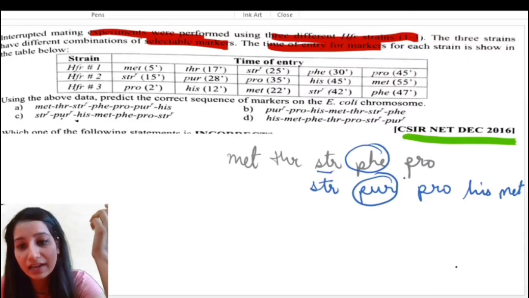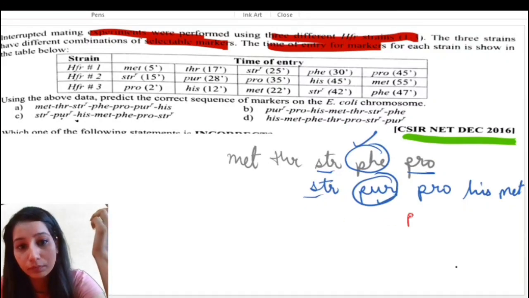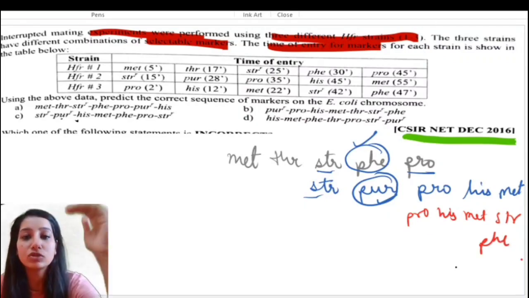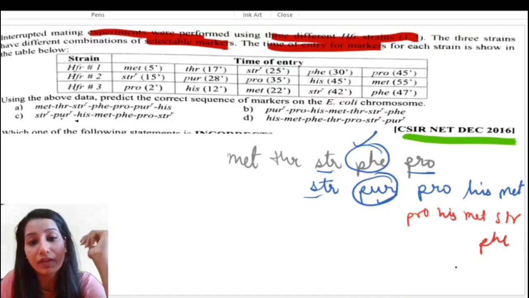STR and PRO are going with PHE, and STR and PRO are also going with PUR. In the next condition, there are PRO, then HIS, then methionine, then STR and then phenylalanine. Now we have to see the gene sequence in these different strains, so we'll see the options.